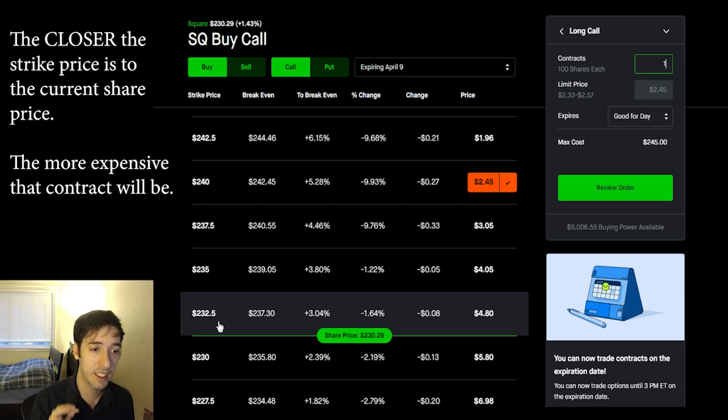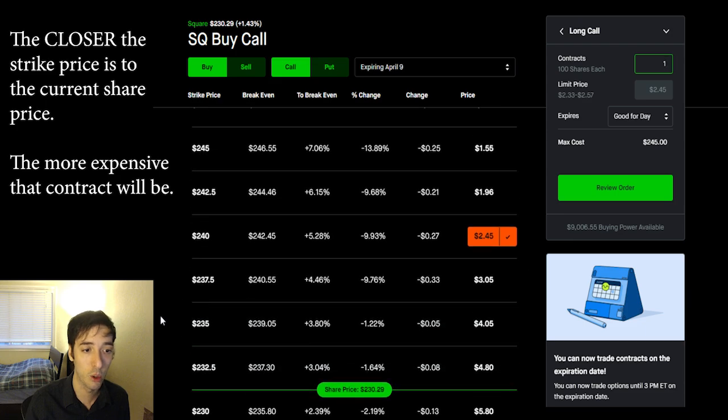Because it is less likely to move up so much, right? They're betting that, you know, it's not going to hit 240. Like, it's so unlikely to hit 240 that we're going to make it cheaper for you to buy this because we want your money, basically. Not in actuality, but basically, right?